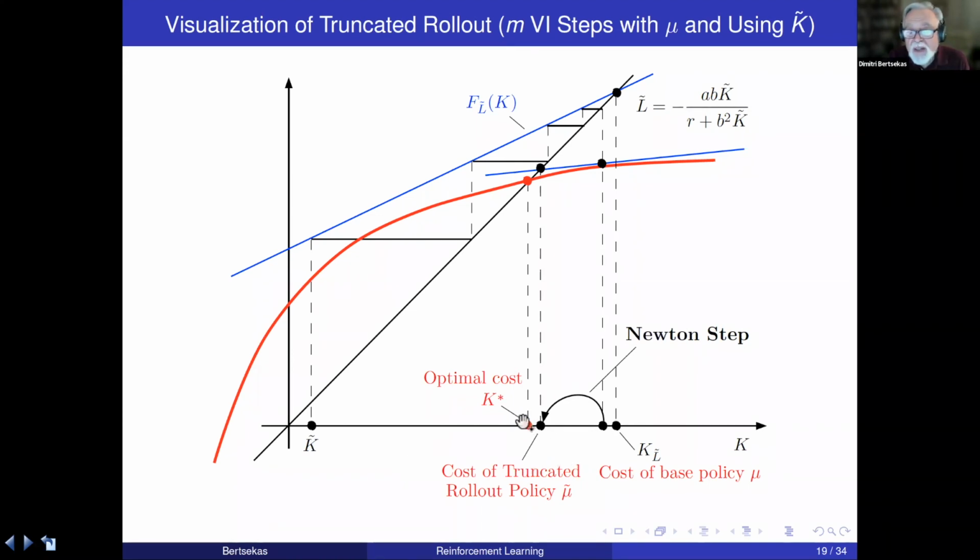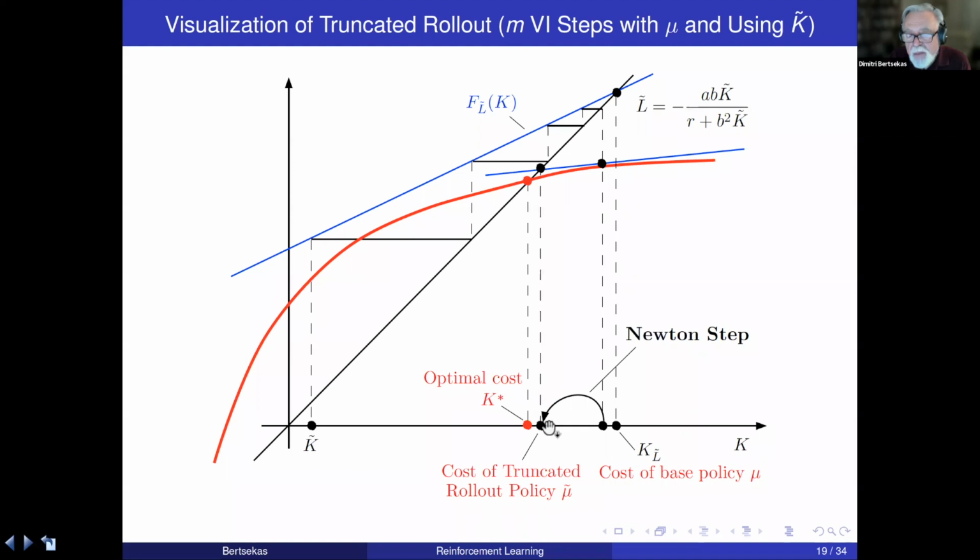What if I start to the left of K star? K tilde is like it is in this picture, to the left of K star. How many value iteration steps should I use? Well, if I choose an infinite number of value iterations, then I'm going to converge to KL tilde.